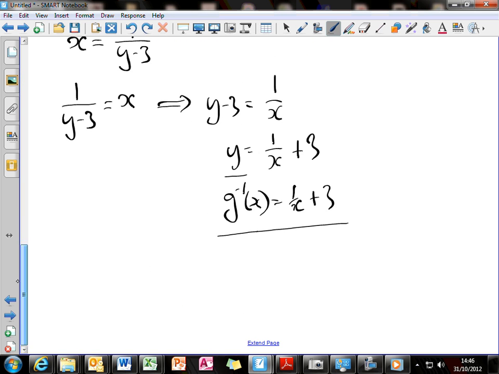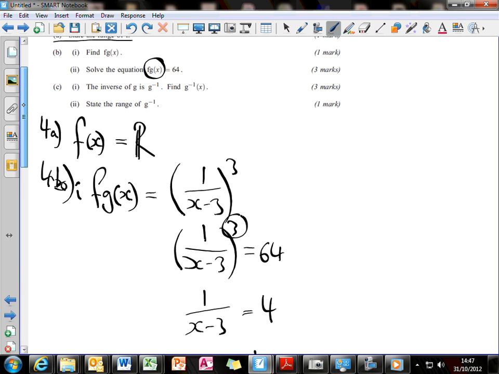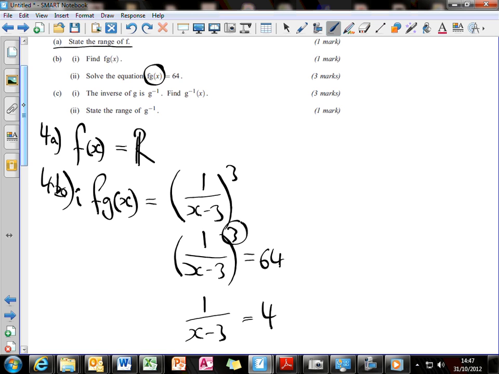Well, the range of g to the minus 1 of x, because it's the inverse of g, the domain and the range swap over for inverses. We want the range of g to the minus 1 of x.